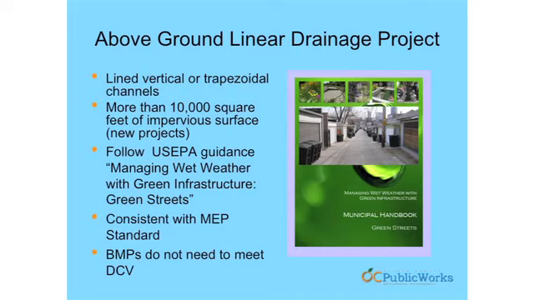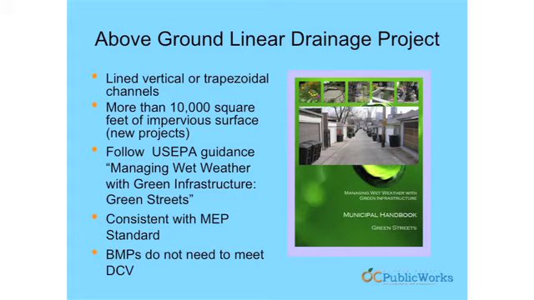For anybody who is working on above-ground linear lined drainage projects that could follow the EPA guidance, what you'll find is that this guidance is really opportunistic and identifies a lot of potential criteria that could make it more challenging to achieve the full design capture volume in these environments.